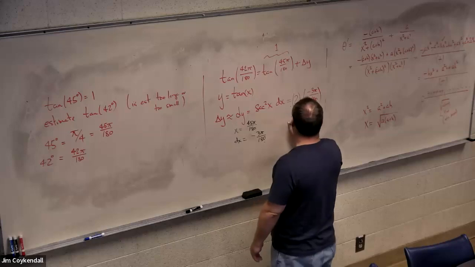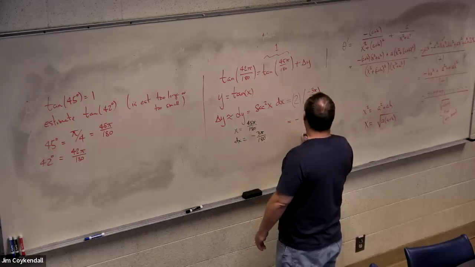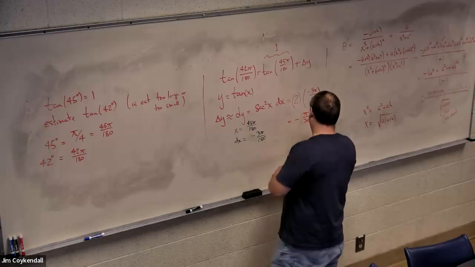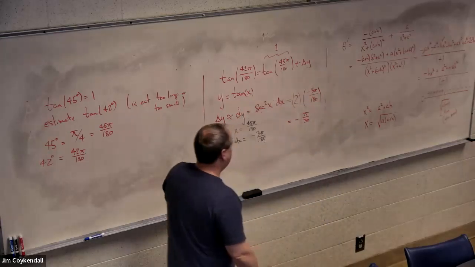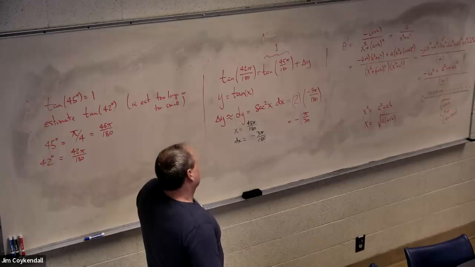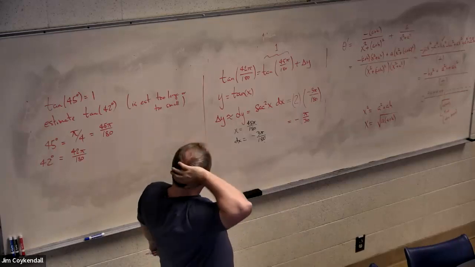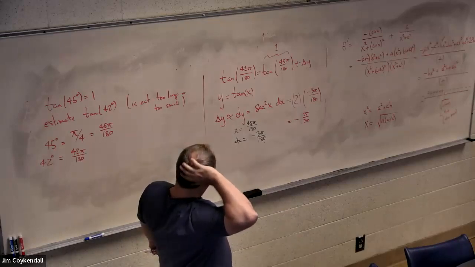So I get minus pi over 30. So it's like a little bit more than about 0.1, I guess.